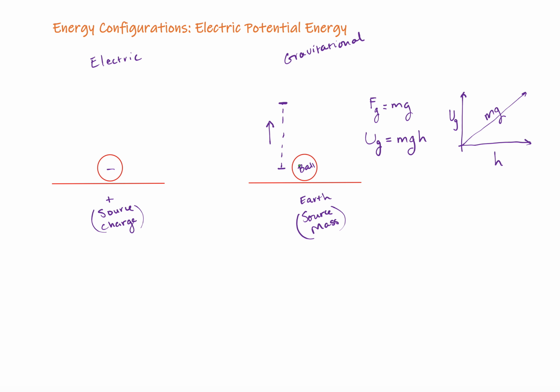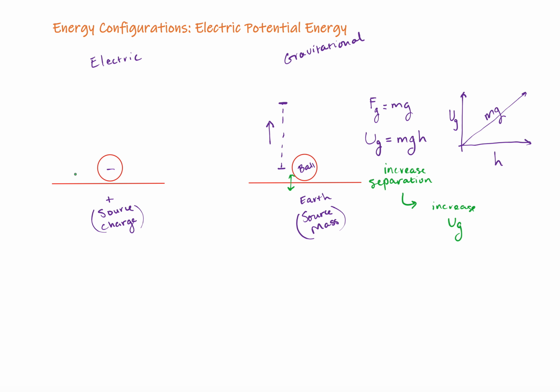Instead of thinking of moving the ball higher up, think of it as separating the two masses. I could pull the Earth away from the ball or the ball away from the Earth. But as I increase separation, what that causes is an increase in the potential energy due to gravity.